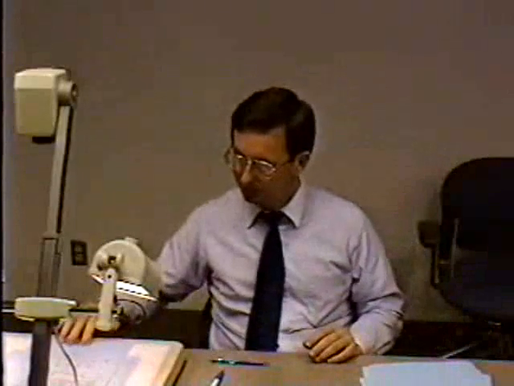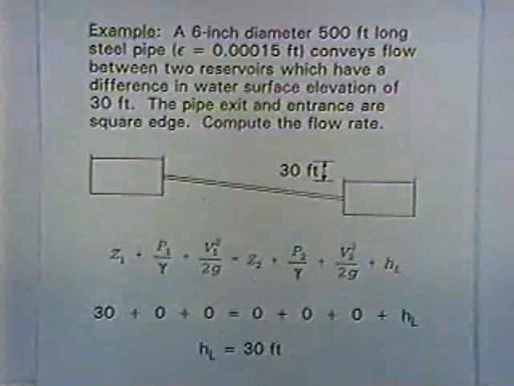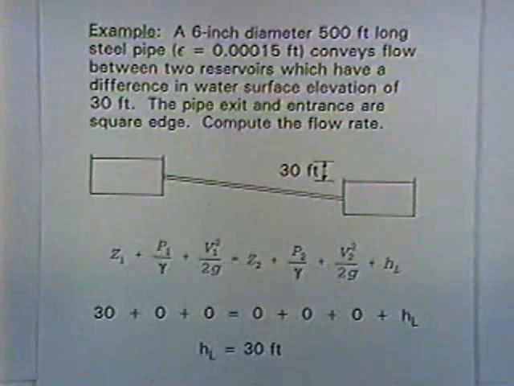Okay, here's a classic problem from fluid mechanics. We've got flow from one reservoir to the other. The difference in water surface elevation is 30 feet. It gives us a chance to apply the energy equation, so we reproduce the energy equation there. Well, what we're computing here is the flow rate, the discharge between the reservoirs, and the pipe characteristics are given.